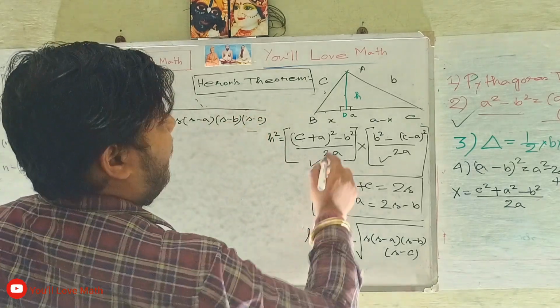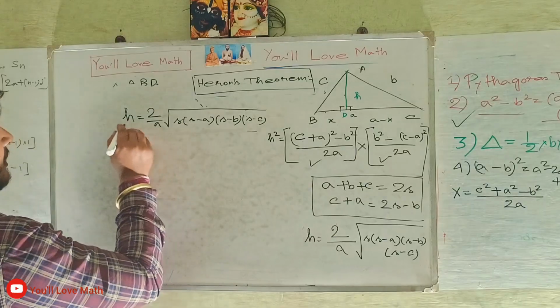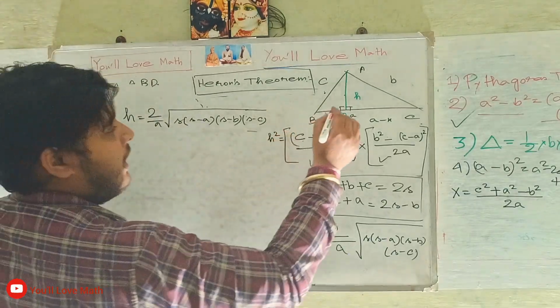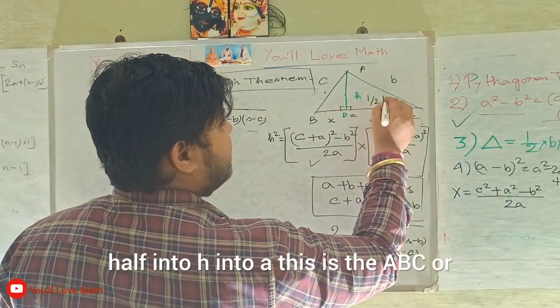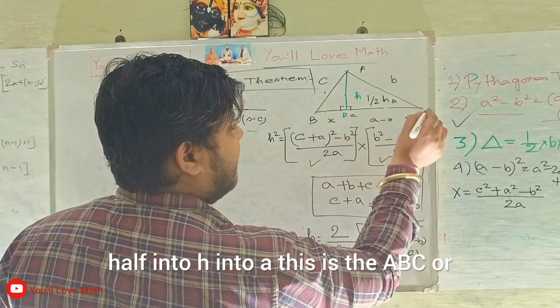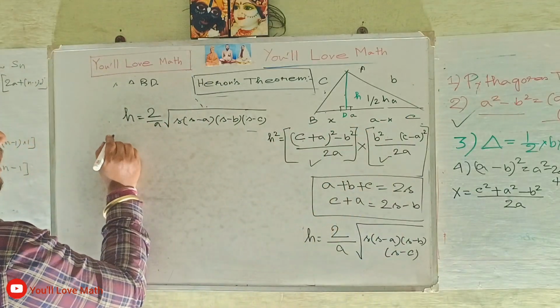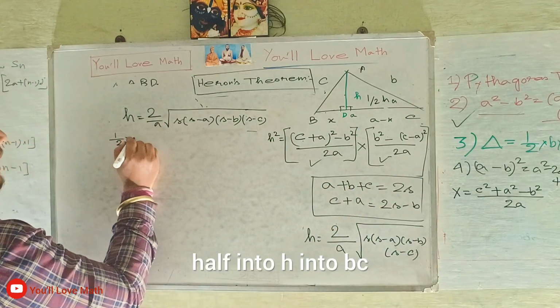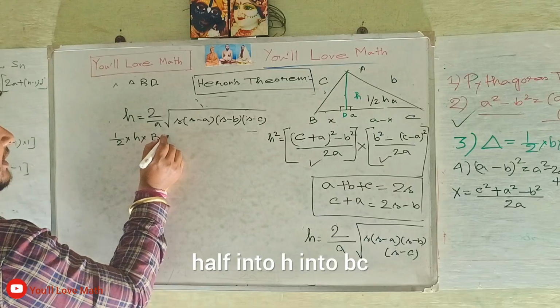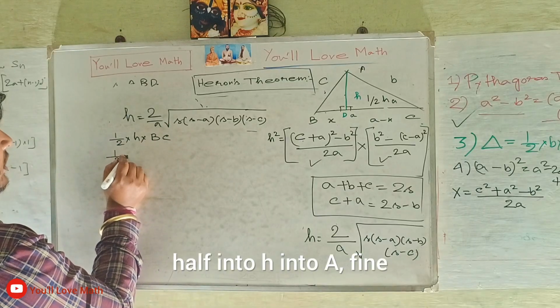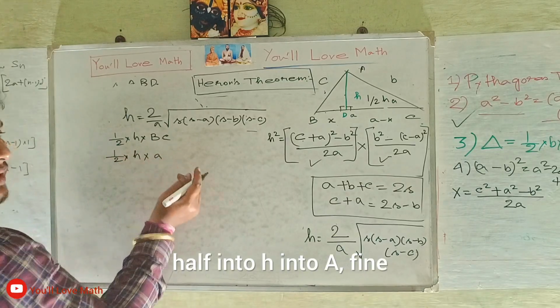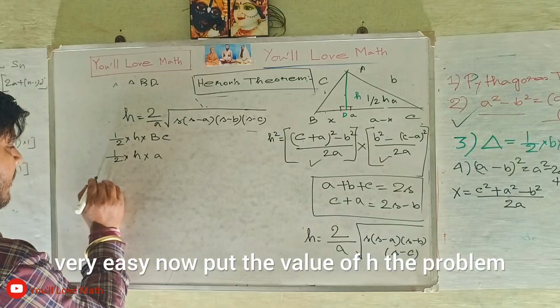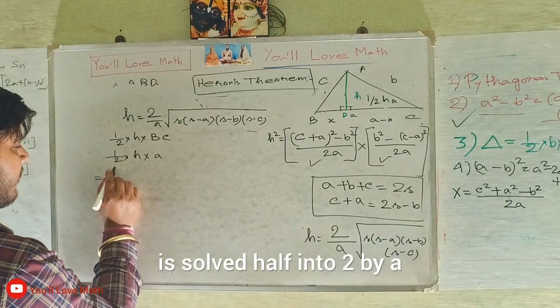Now what will be the area of ABC? The area of ABC will be half into h into a, that is, half into h into BC. Very easy. Now put the value of h, and the problem is solved.